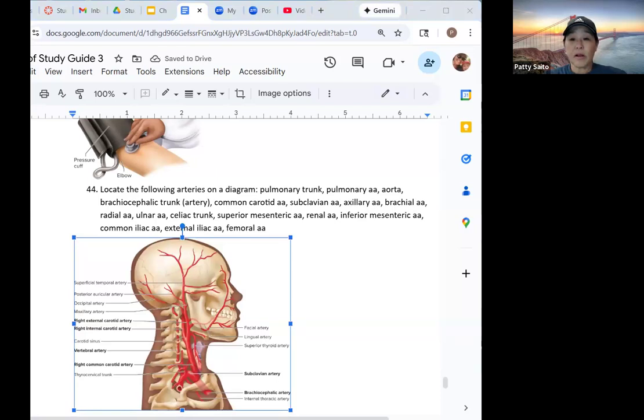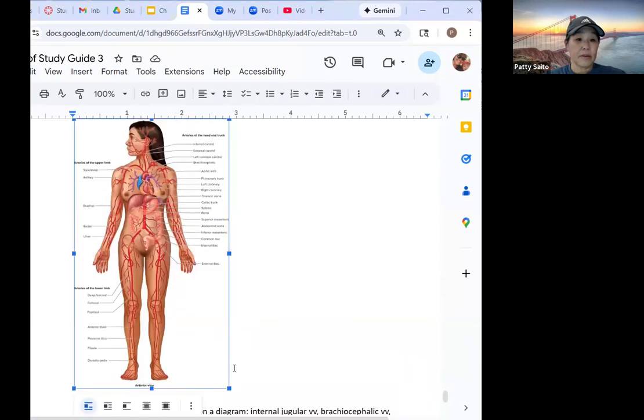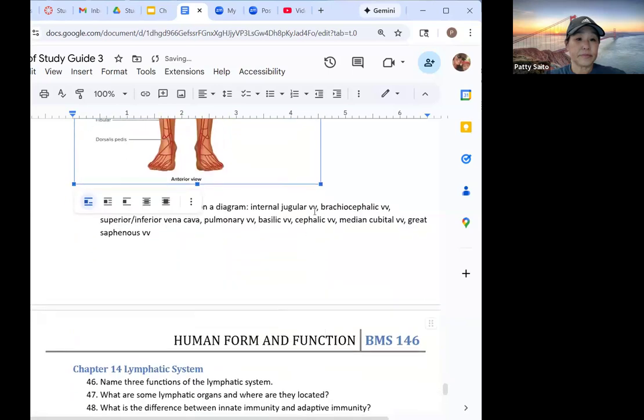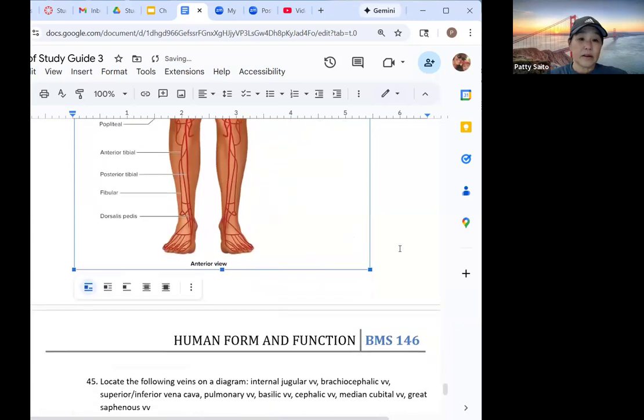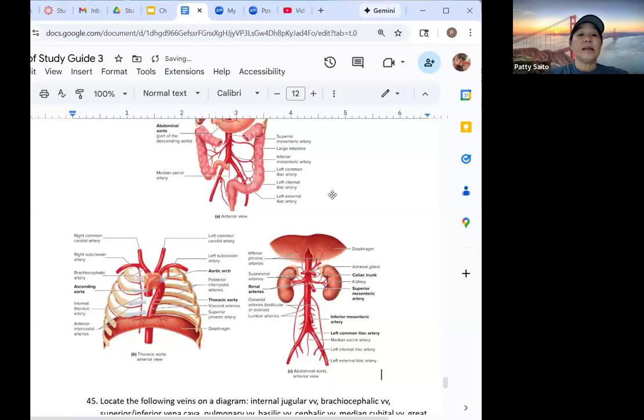Okay, maybe I'm going to put all of them. I'll put all the vessels in, and then we'll go through and look at them. All right. And I got a couple more.